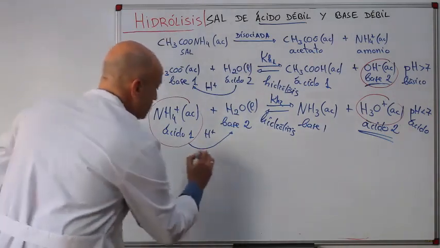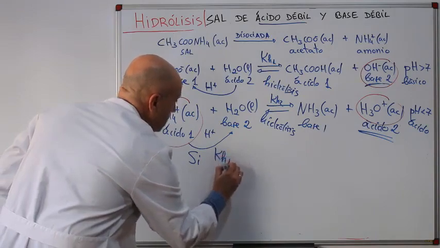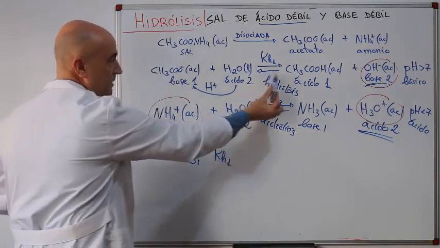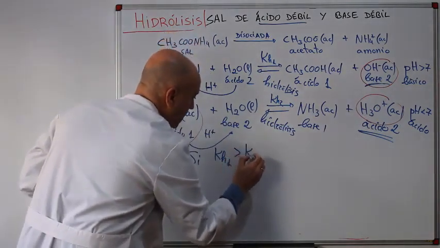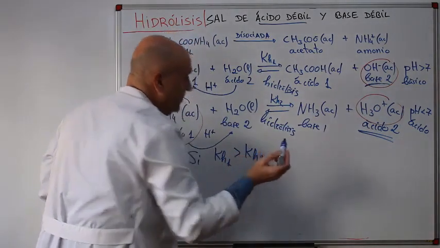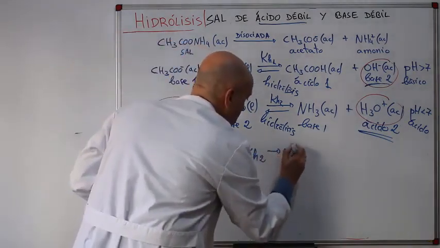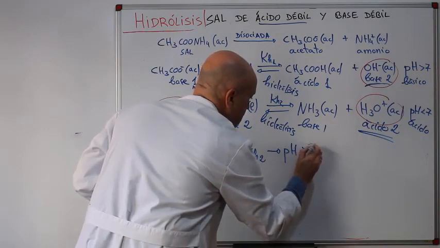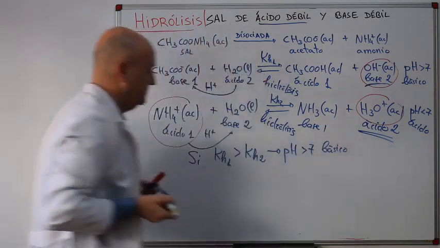Therefore, if hydrolysis constant number 1, this one right here, which causes hydroxides, is greater than hydrolysis constant number 2, then what would the pH be? It will be greater than 7. So, it's an alkaline, basic pH.